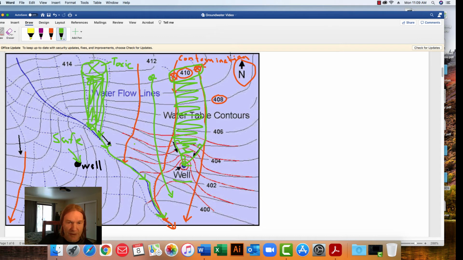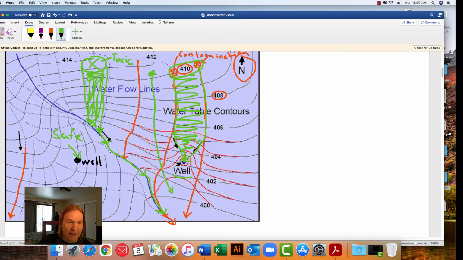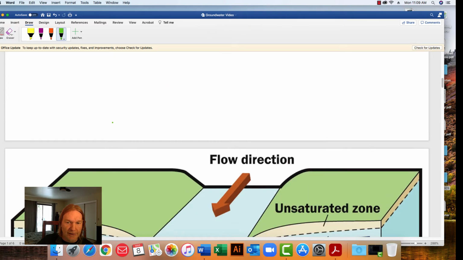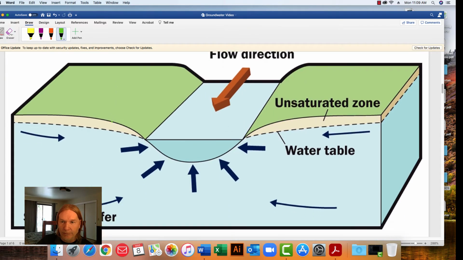Okay? So let's take a look at why. Why doesn't it come up the other side? Why is this well safe? Well, let's look at a cross section of this stream right through here. So if we look at this picture, let's just say that this is the side with the contamination source.